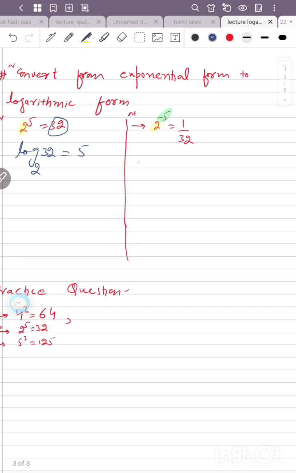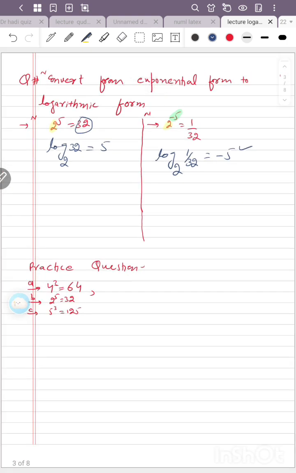How do we write it? Log to the base 2 of 1 by 32 equals minus 5. We have to convert into the logarithmic form. These are your practice questions. You can solve them by yourself, and you can take a screenshot.